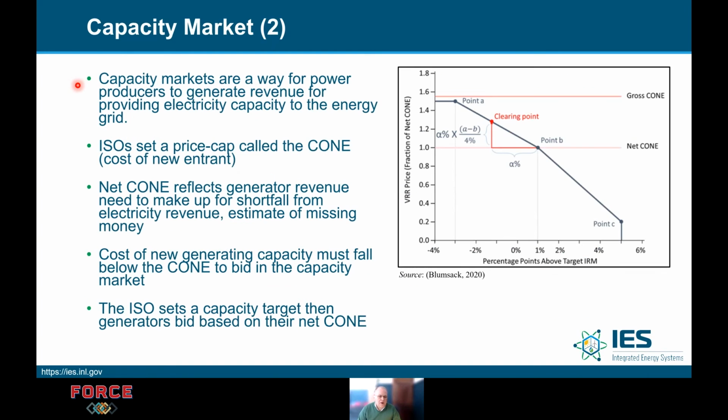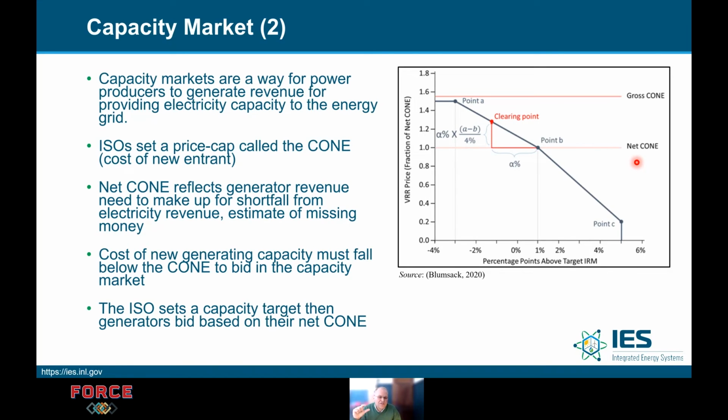And so in the capacity market, the grid operator sets what's referred to as the gross cone, or in other words, the cone represents the cost of new entrant. This is typically set as the highest cost generator that can operate in that market, so generator bids have to come in less than that. The bids that the generators submit are what's referred to as the net cone.